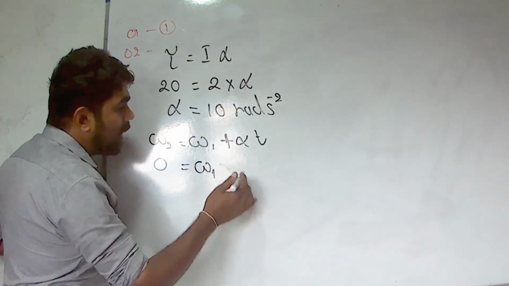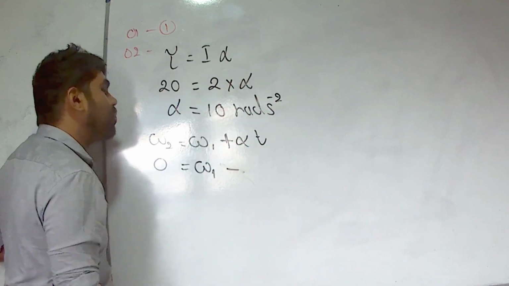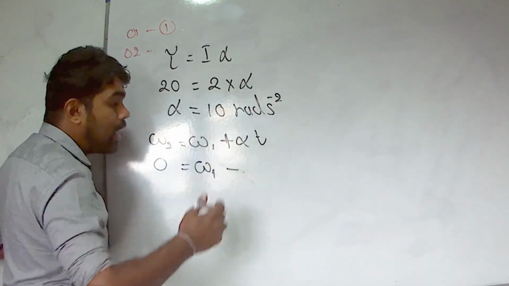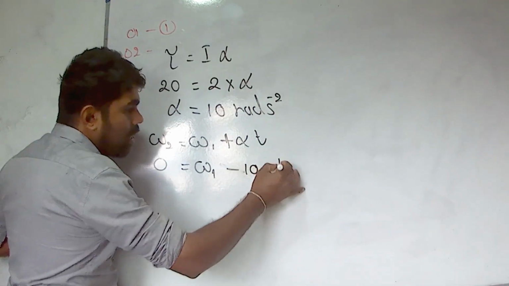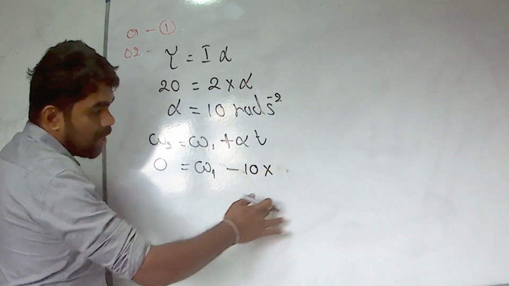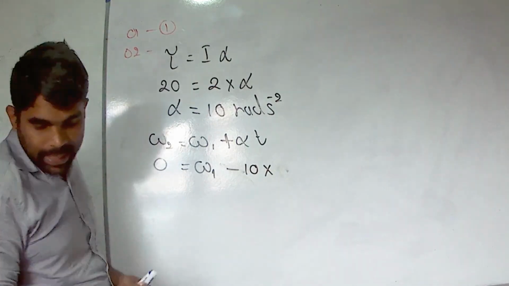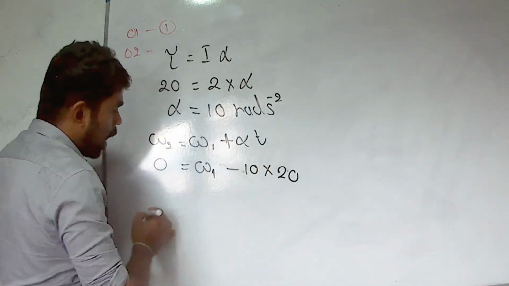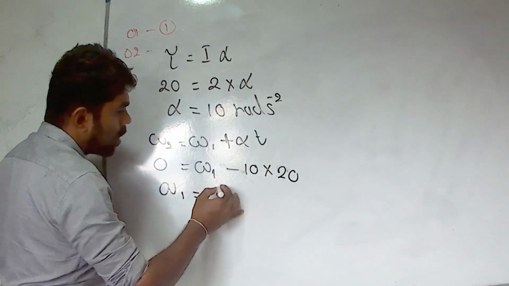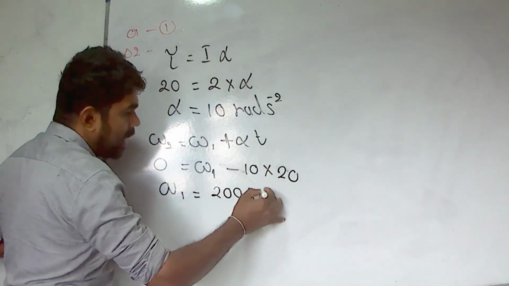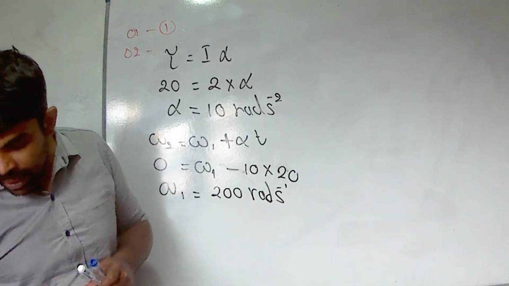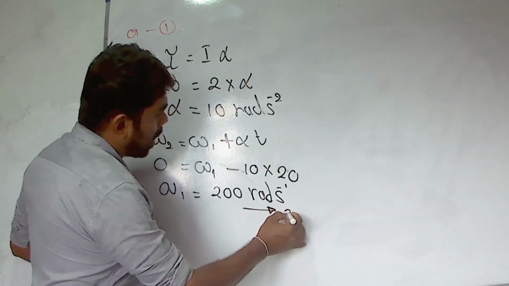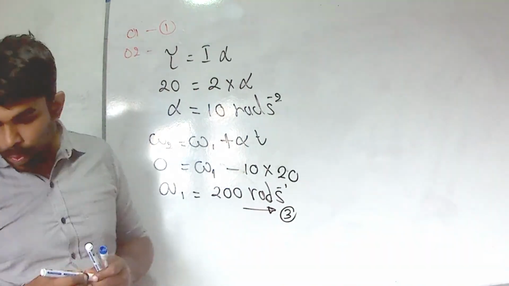The alpha value is a minus value because there is an angular deceleration. It is minus 10. Time is given as 20 seconds. Then omega 1 is 200 radians per second. Then the answer is 3 for question number 2.